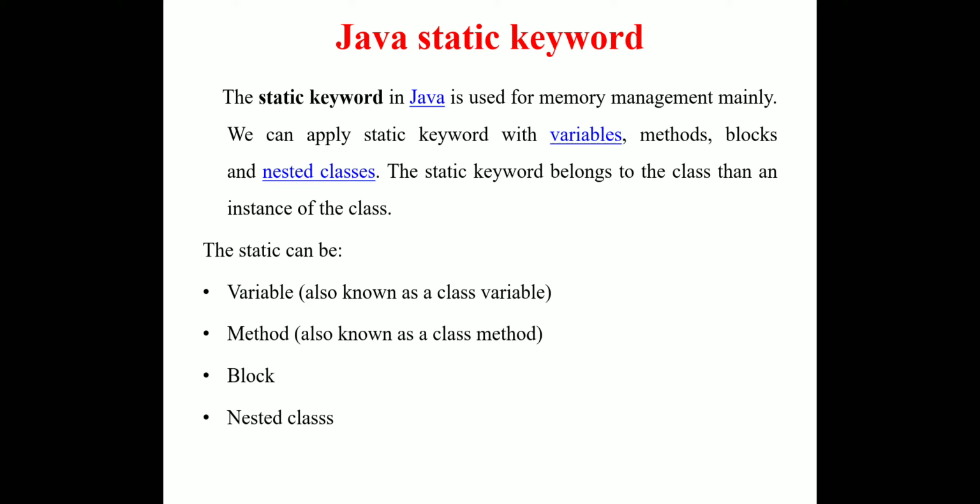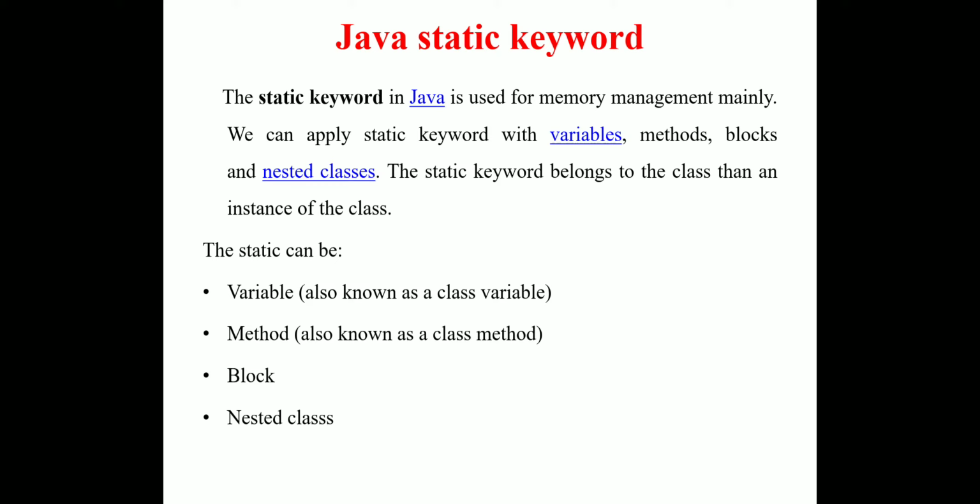The static keyword belongs to the class, rather than an instance of the class. The static can be used with variables, methods, blocks and nested classes. Static variables are also known as class variables, and static methods are also known as class methods.